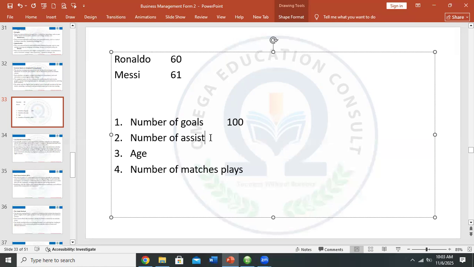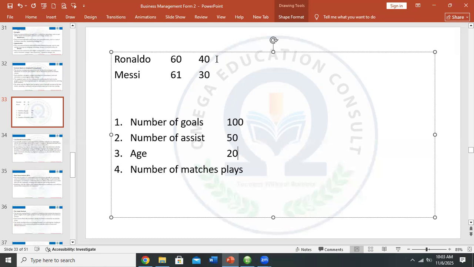Then we go to number of assists. Maybe the weight we assign to number of assists is 50. And then maybe out of that, Ronaldo will score 40. Messi will score, say, 30. Then we go to age. Maybe for age, we are going to assign a weight of, say, 20 to it.